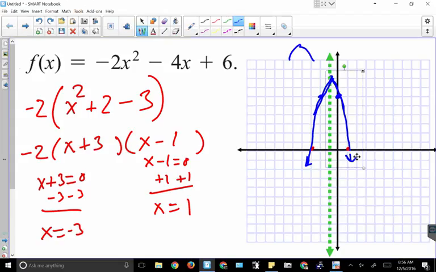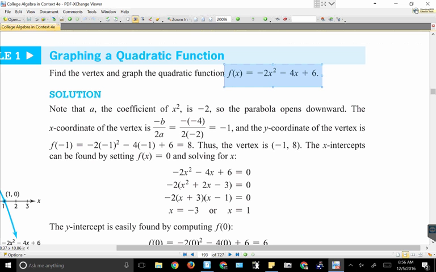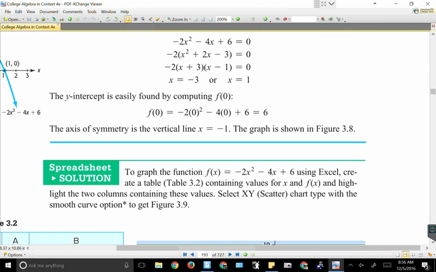Now mind you, you can plug any values in for x to figure out where the other points are. But this process here identifies where it goes through the x-axis. So knowing the vertex, the y-intercept, and where the x-intercepts are pretty much gives you a pretty good picture of what the parabola is. So, if I take a look at what they had done here, we kind of went through that.